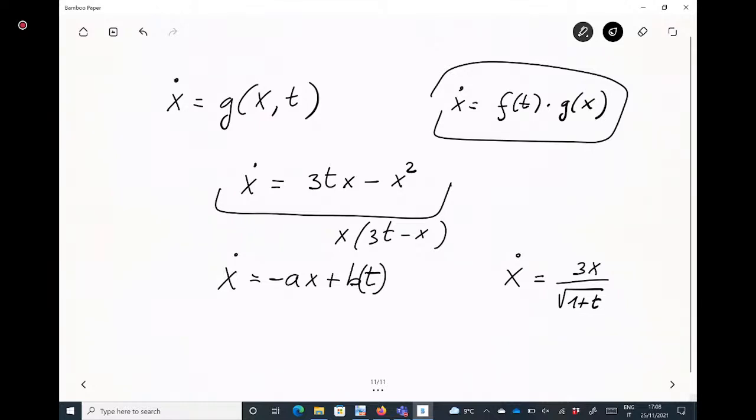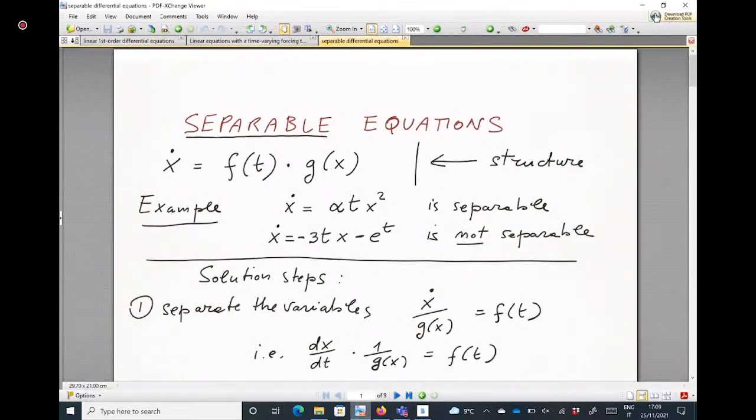This is really important because if it is separable, I can divide by g of x both sides, and on the left hand side you have something that depends on x, and on the right only something that depends on t. Okay? So you can take two separate integrals, one with respect to x, one with respect to t on both sides, and then you have, in general, the solution to your equation. So it works like this. This is the structure.